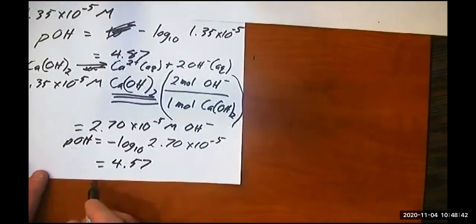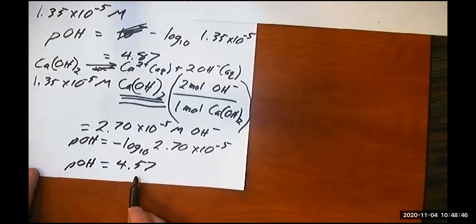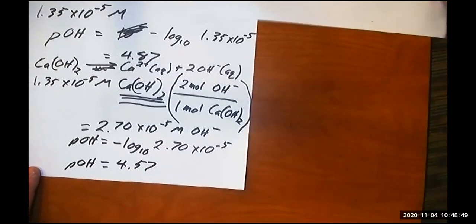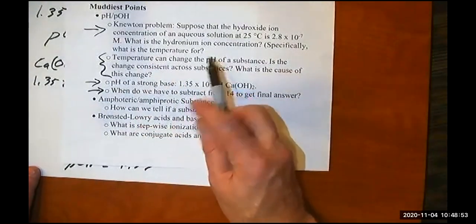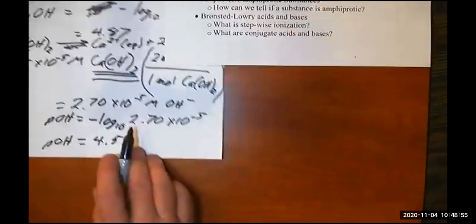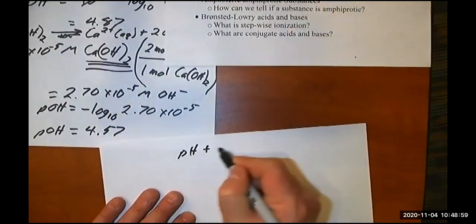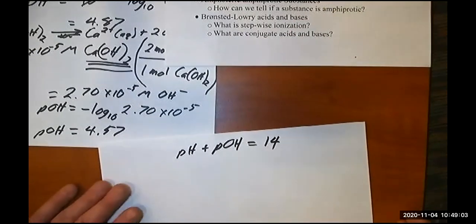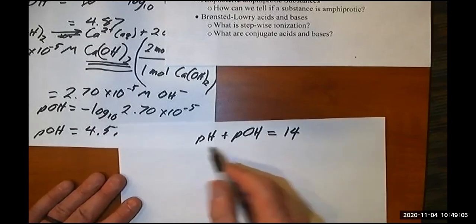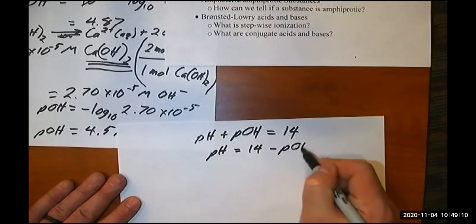So we just now determined the pOH of this particular solution, but the problem is saying that we want to know the pH. And the relationship between those two things is that pH plus pOH equals 14. So that means if we want the pH, it's 14 minus the pOH.